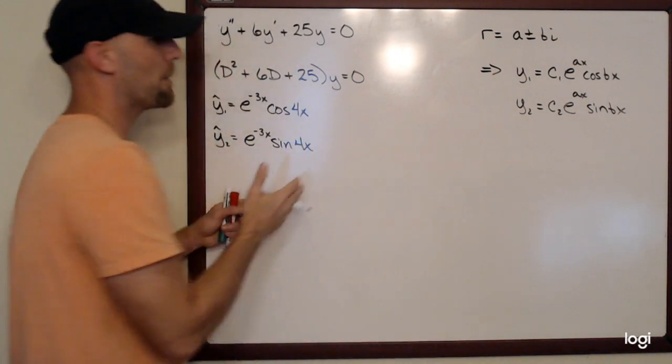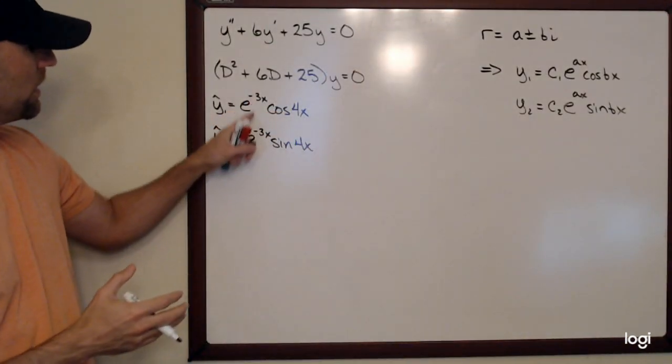This is exactly what we got, right? We got negative 3 plus or minus 4i.